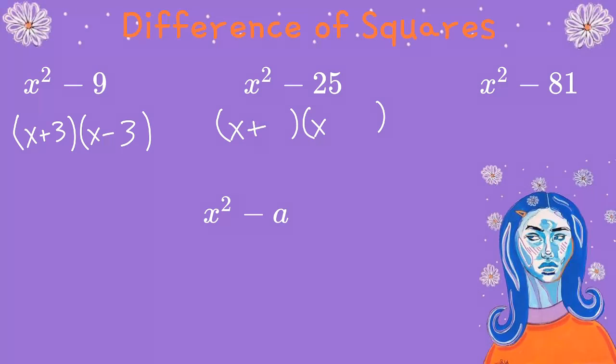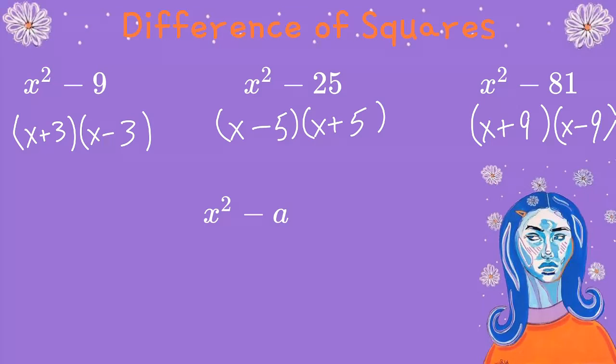It's always positive and negative. It can be negative and positive, doesn't make any difference. Square root of 25 is 5. On the third one here, we have x and x, positive and negative. Square root of 81 is 9.